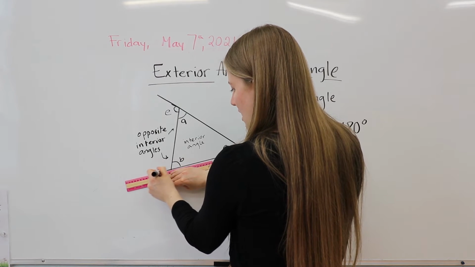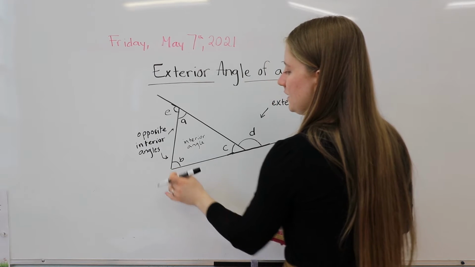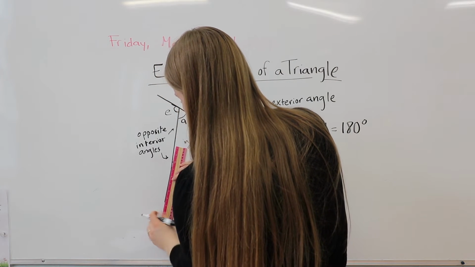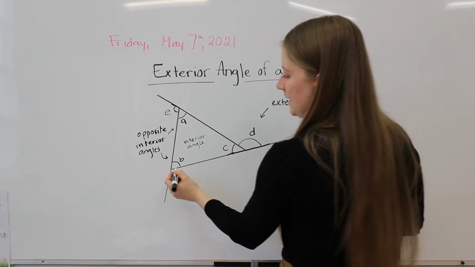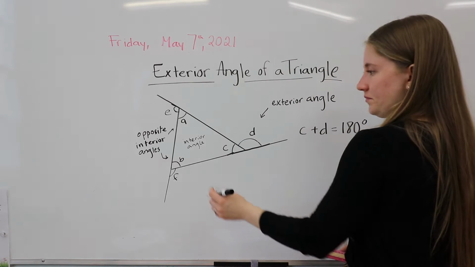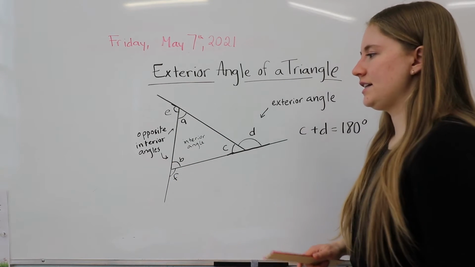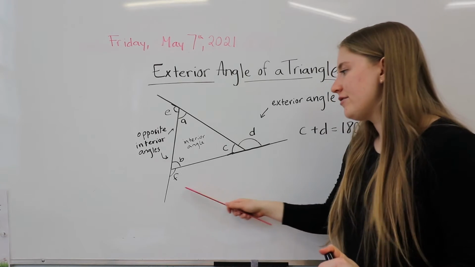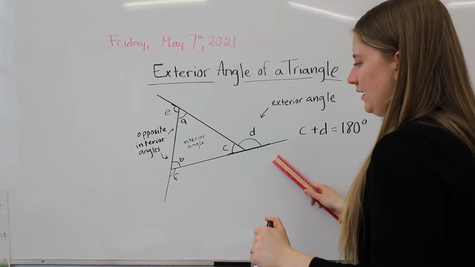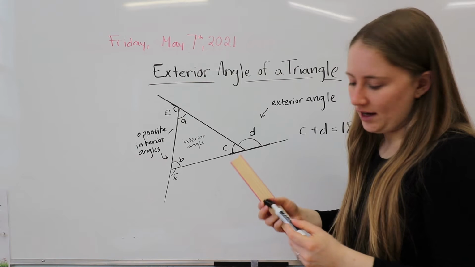In the same way, if we extend it, actually let's extend it this way. If we extend it this way, and we'll call that F, A and C are the opposite interior angles for F, okay? So it changes depending on where your exterior angle is, okay? But for now, we have D, okay?